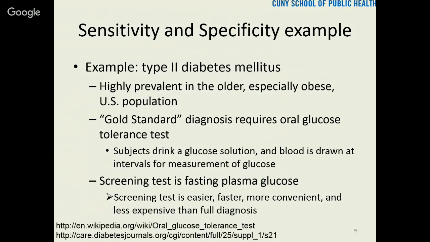You just have them fast, you take a single test, and based on the glucose measurement, it gives some idea of whether they are more or less probable to have type 2 diabetes. So it's fast, convenient, and less expensive than the full diagnosis, but less accurate. So perfect example of what we're talking about today.